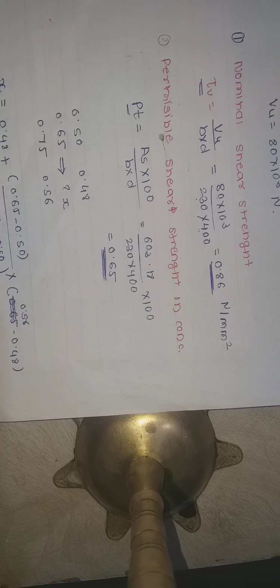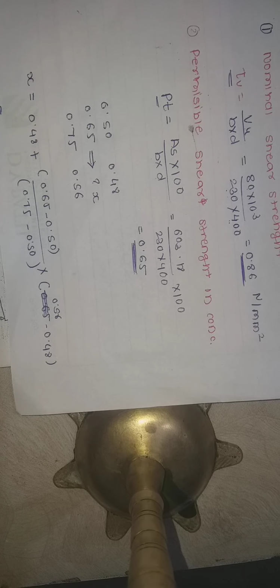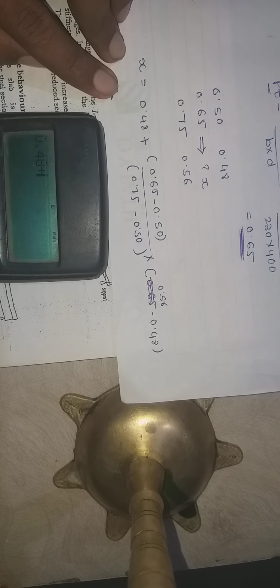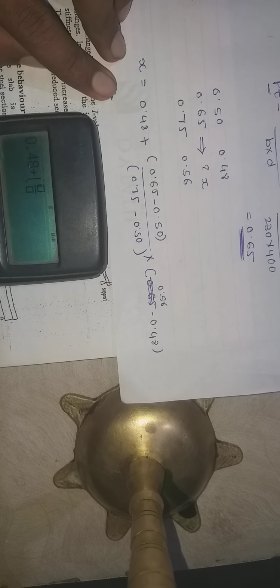Basically the grade of the concrete used is M20. So the basic value for 0.50 is 0.48, and for 0.75 it is 0.56. For the 0.65 value I solve it in front of you: 0.48 plus, basically if you practice it, then you can easily solve it.